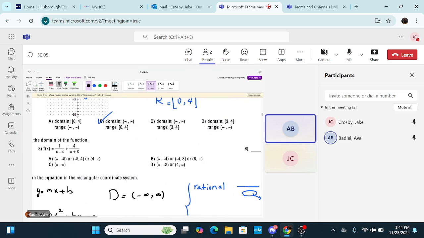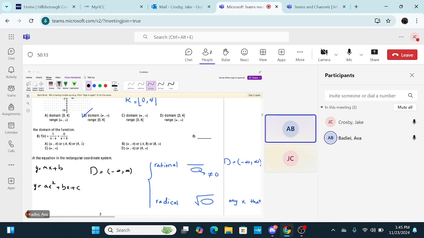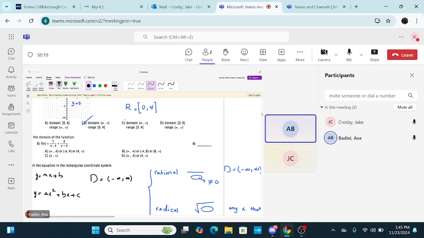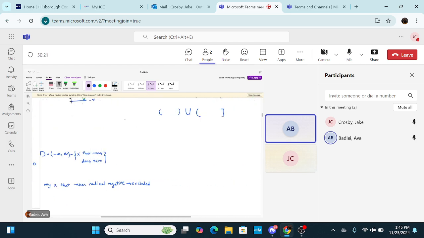So for here, what x values make the denominator 0? Plus 4 and minus 8. That's it. If it is very long or complicated, you have to solve it here. This one is a little easy. So say positive 4, negative 8. Now this is how you are going to write down the intervals for it.